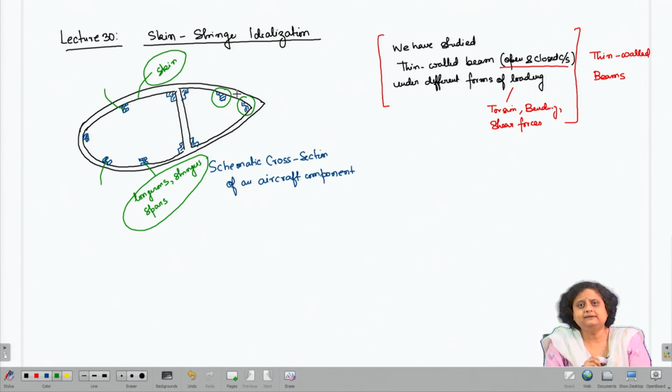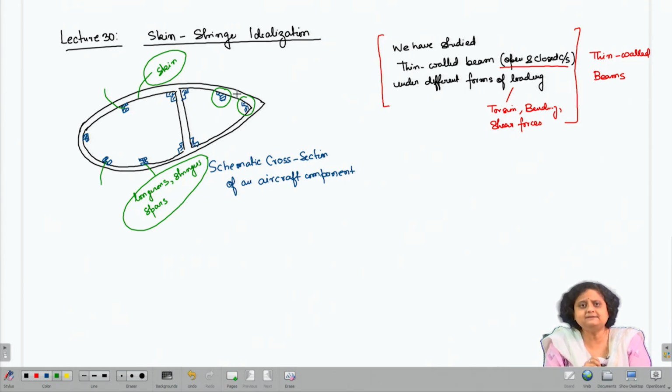So, at the design stage, it is impractical and infeasible to do this detailed calculation that we have done, because we have to do such calculations several times.